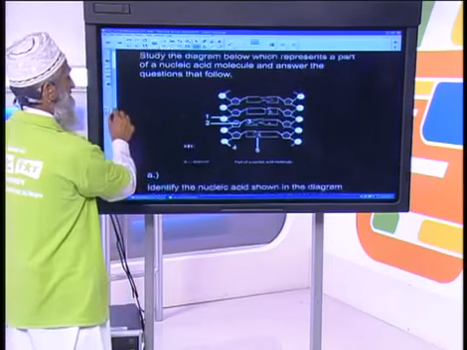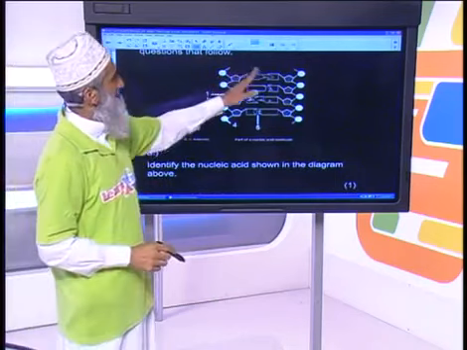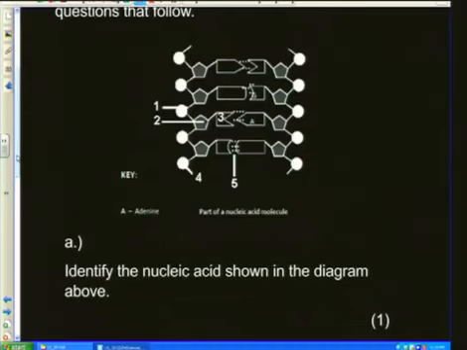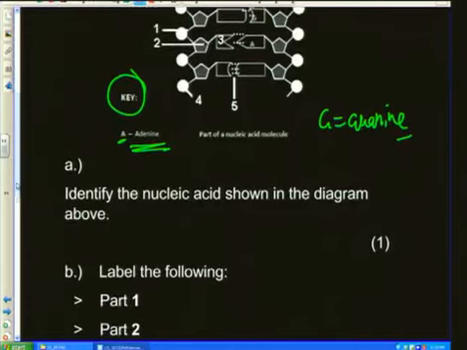Right. So they're giving you a diagram, and they label, they give numbers there, and they give you a key as well. And the key says A is adenine, and obviously G is guanine. First of all, they say identify the nucleic acid shown in the diagram above.